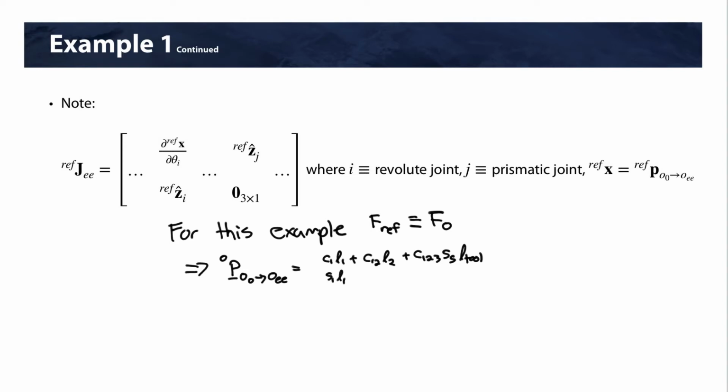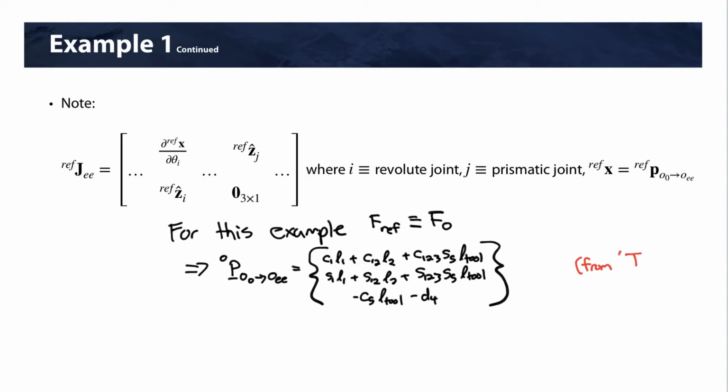We have S1L1 plus S12L2 plus S123 S5 L2 for our y position. And lastly, we have our z position, which is minus C5 L2 minus D4. Just to make a note, it came from our forward displacement solution, which in this case is from our homogeneous transform T06.